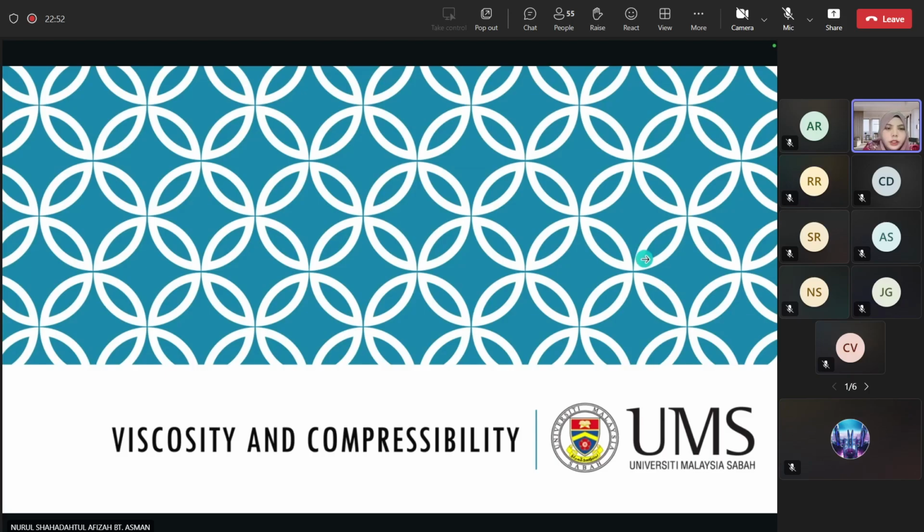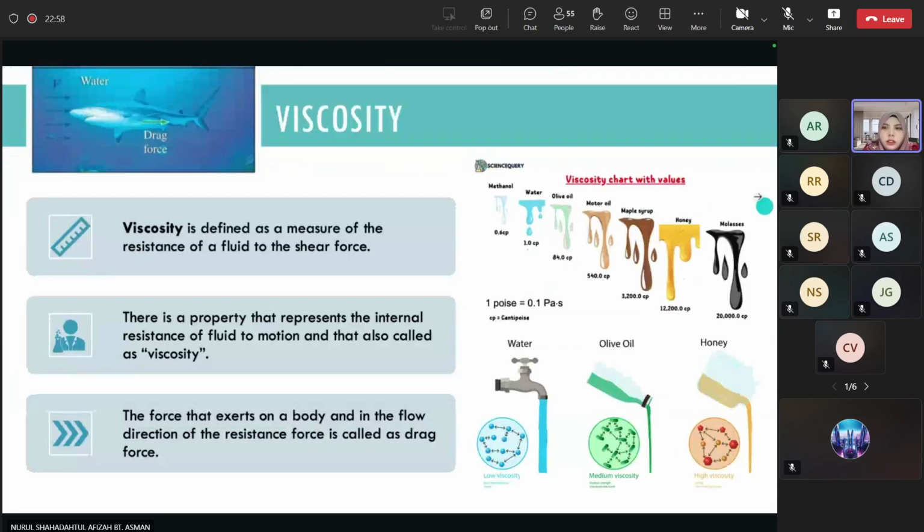So next is viscosity and compressibility. I think I've shown this in our last lecture in chapter 1 for the viscosity. Each fluid also has a different viscosity, and the temperature also affects the viscosity of fluids.